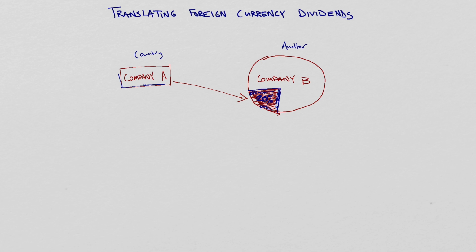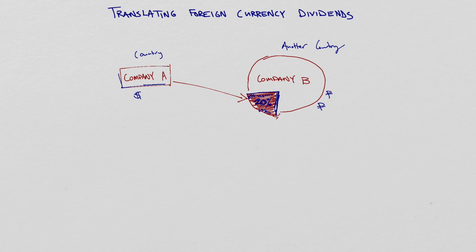Now, the wrinkle is that company B is located in another country and it does business in that country. And so it generates foreign currency, because that country uses a currency that is foreign to this company.